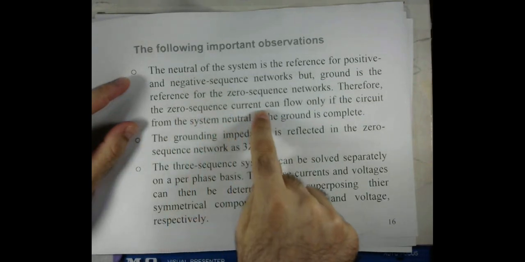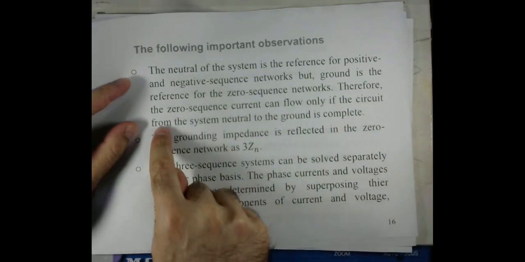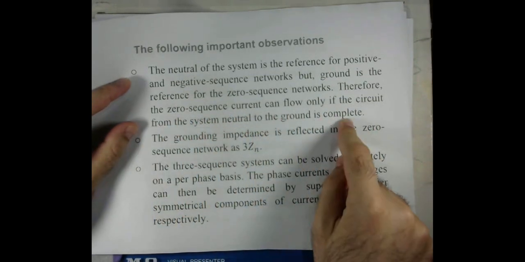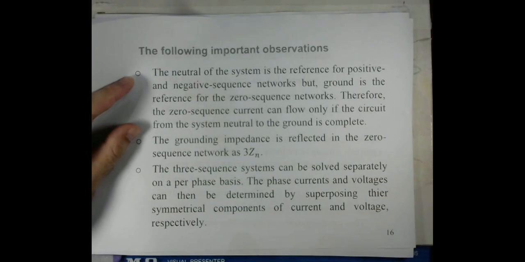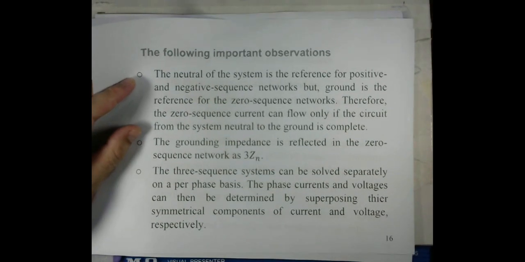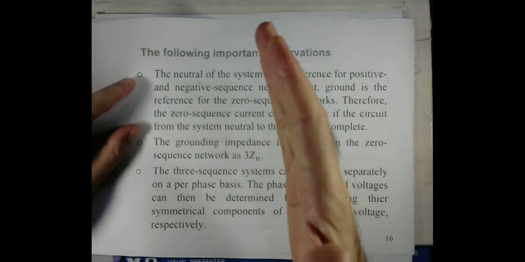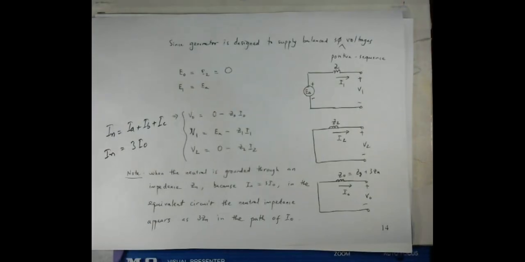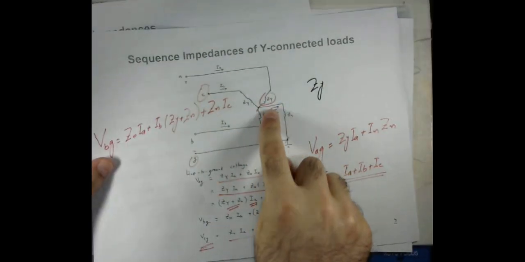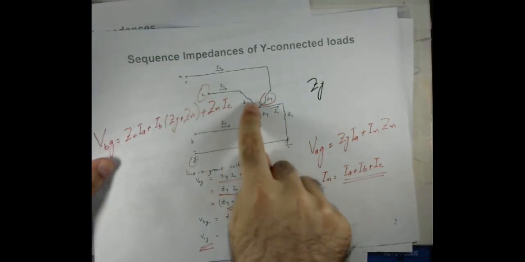Therefore, the zero sequence current can flow only if the circuit from the system neutral to the ground is complete, and that's what we even discussed before when we were discussing the case of the Y connected load. If the neutral is not connected to the ground, then the zero sequence current will be zero, because then the impedance will be infinity.